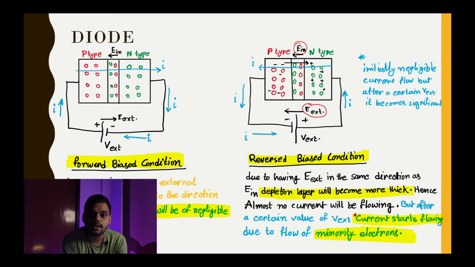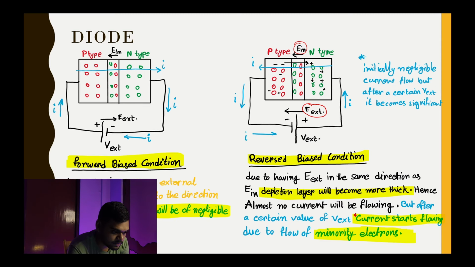For this reason, the depletion layer will become much thicker than in forward biased. In forward biased, we have seen that the depletion layer becomes much thinner, and in reverse bias condition, due to the external electric field aligning with the internal electric field of the diode, the depletion layer becomes much thicker.